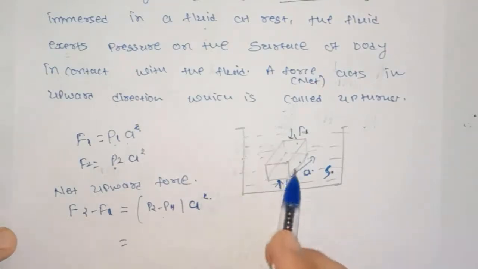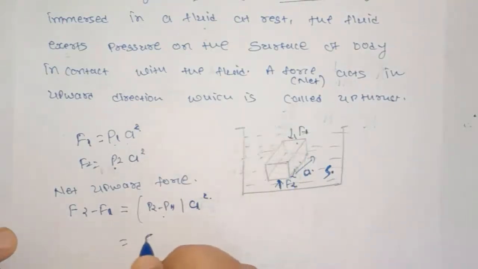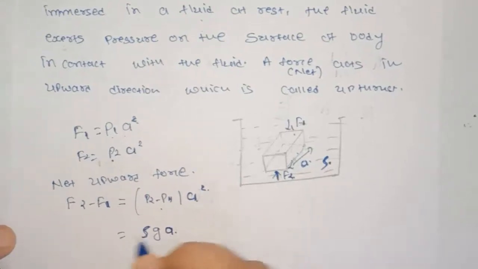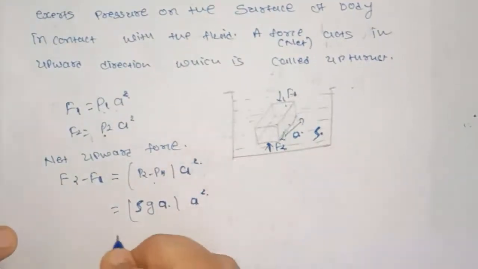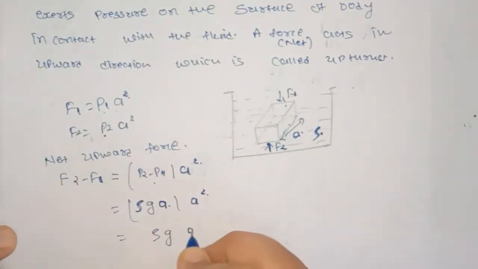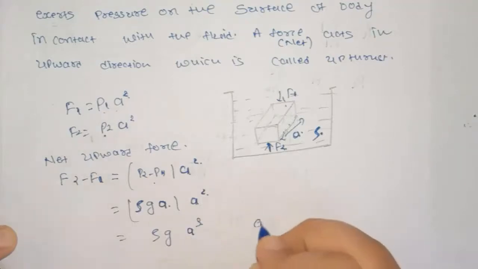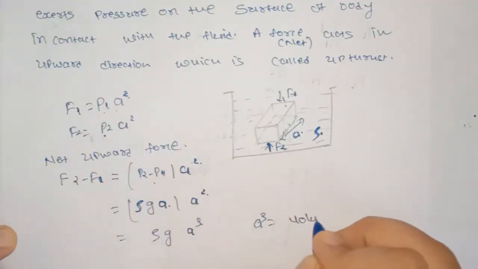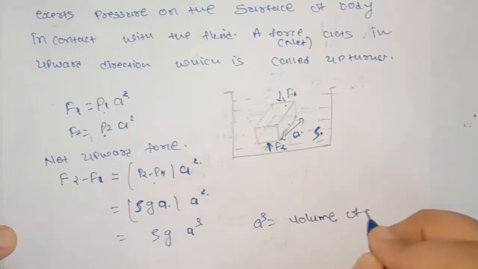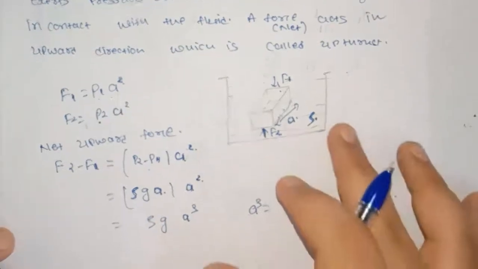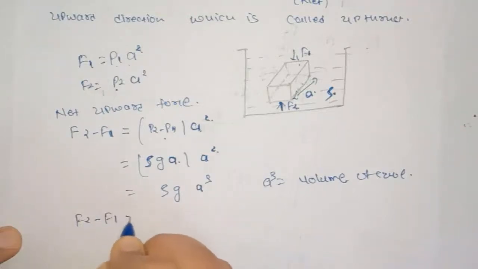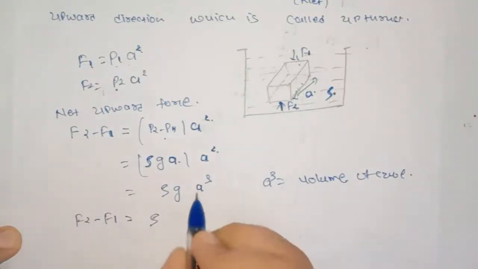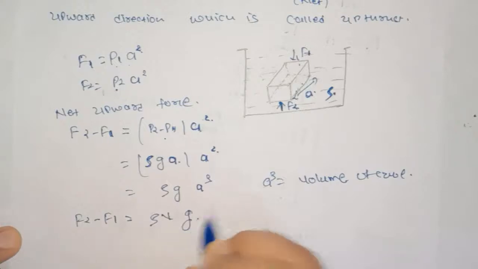But this pressure difference will be equal to ρ g A, so ρ g A³. But A³ is the volume of the cube. So we can write the net upward force F2 minus F1 is equal to density times volume times g.